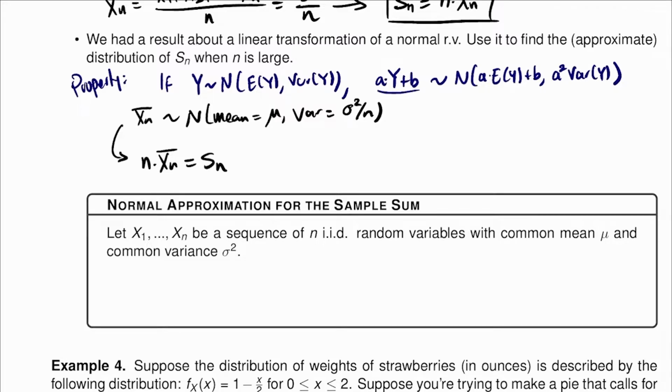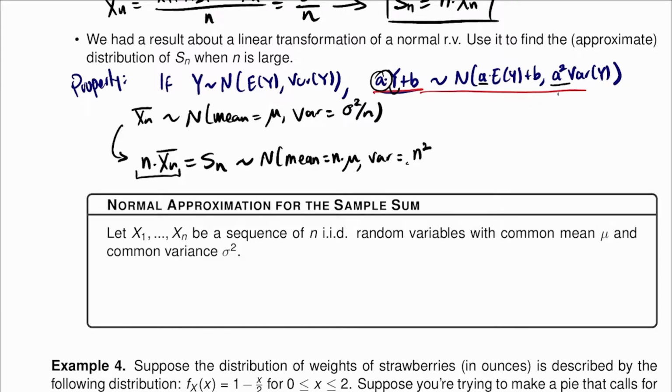Using this property, this distribution is approximately normal with mean equal to n times mu, and the variance is n squared times the variance of the sample mean, because for a times y the variance is a squared times the variance of y.